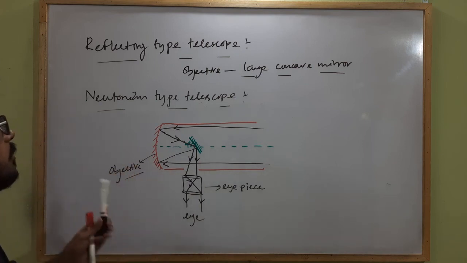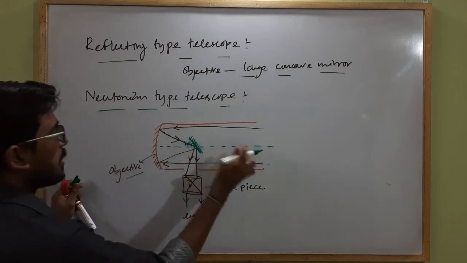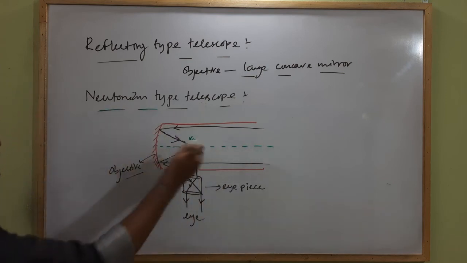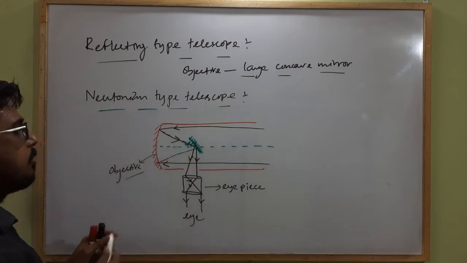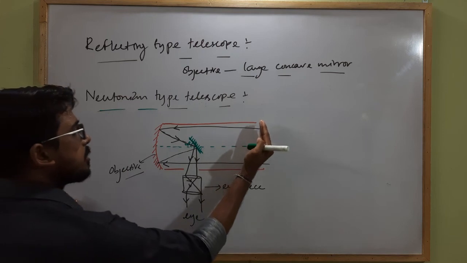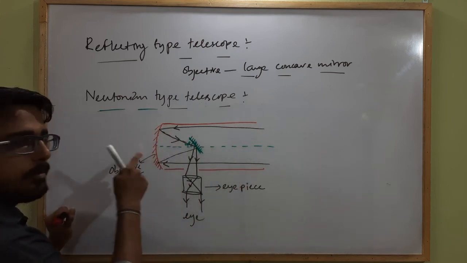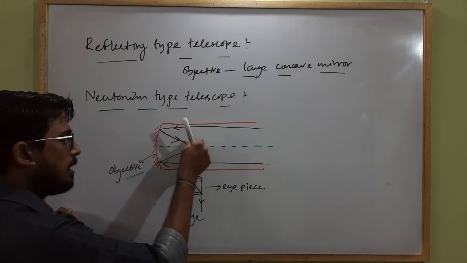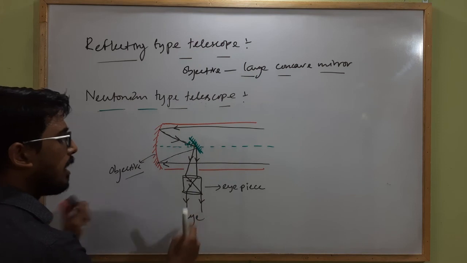This is the Newtonian type telescope, in which a very small plane mirror is placed on the axis of the tube at an angle of 45 degrees. The incident rays coming parallel to the principal axis of the large concave mirror objective, after reflection finally fall on the plane mirror and then reach the eye through the eyepiece.